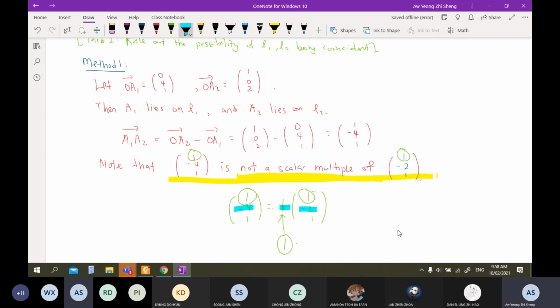So that means you can never find a consistent k that will make the equality hold. Because it's so obvious that one vector is not a scalar multiple of the other, the syllabus doesn't require you to show any computation. You just need to state in a sentence form. It's usually very easy to see when you have two components being equal.